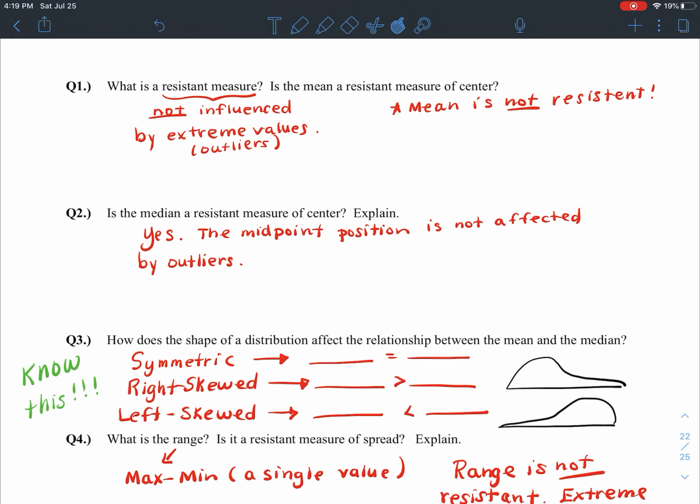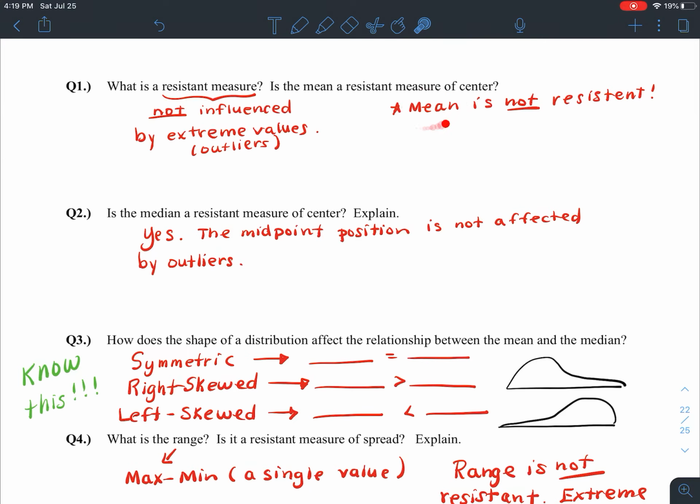We want to know, what is a resistant measure, and is the mean a resistant measure of center? When we talk about a resistant measure, we mean, does it resist outliers? If you add an outlier into the data set, would that calculation change dramatically? Resistant measures are anything not influenced by outliers, and the mean is not resistant.